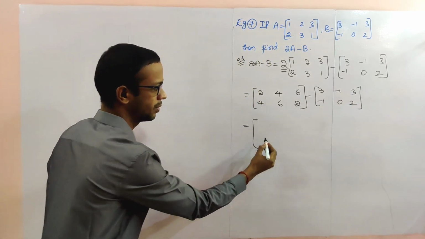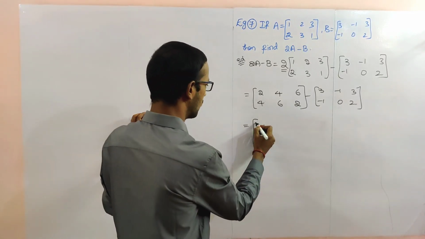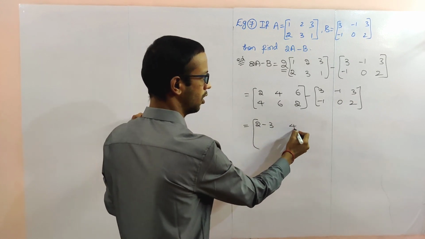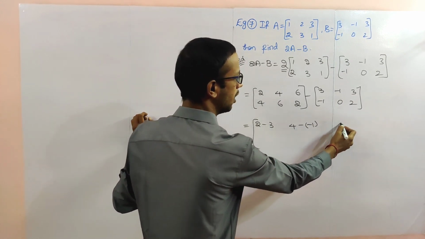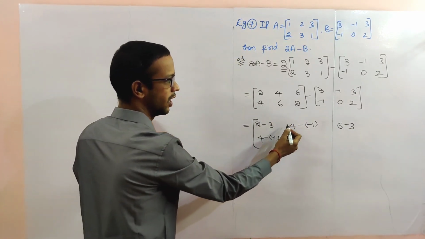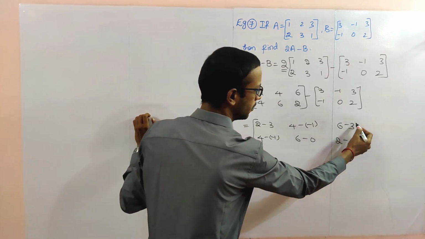How to do the subtraction? Corresponding element subtraction: 2 minus 3, 4 minus of minus 1, 6 minus 3, 4 minus of minus 1, 6 minus 0, 2 minus 2.